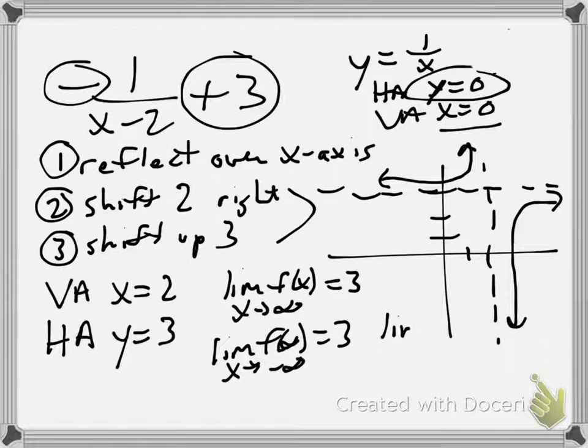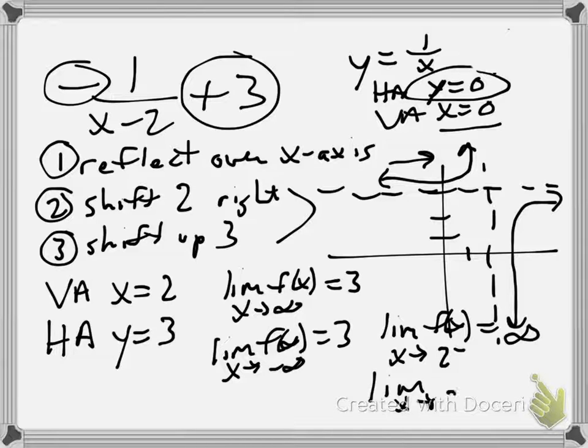Now my limit of f of x as x approaches 2 from the left. 2 is our vertical asymptote, so now we're approaching from the left. My graph is approaching infinity. My limit as x approaches 2 from the right of f of x. Now we're coming in this way. Here's my graph, and it's going down forever and ever to negative infinity.